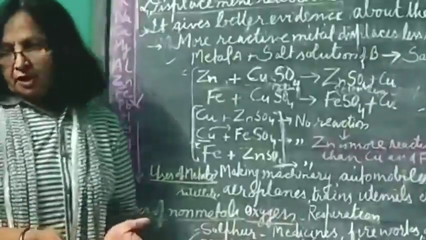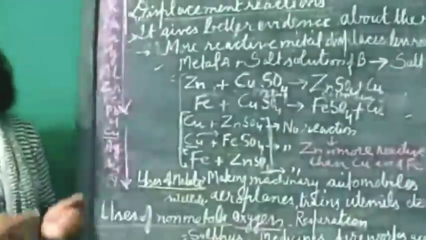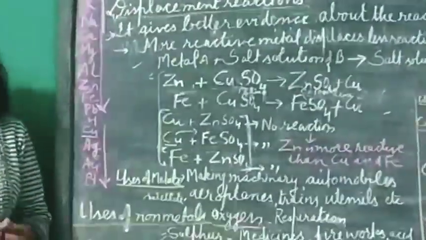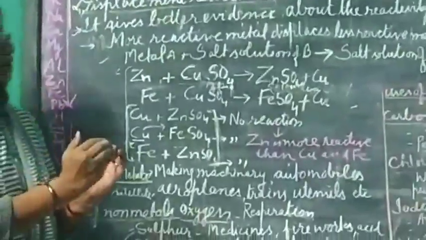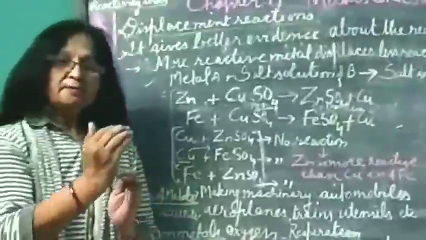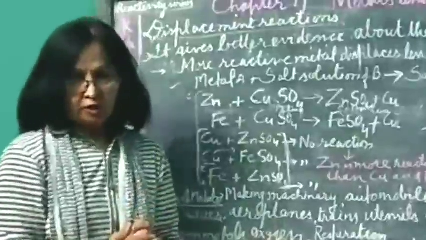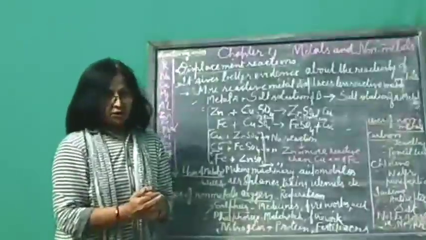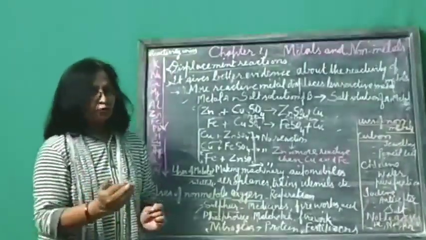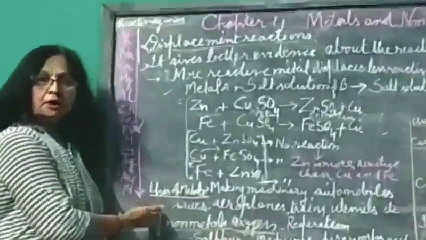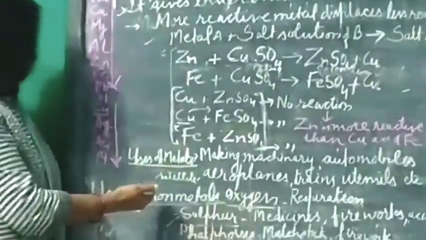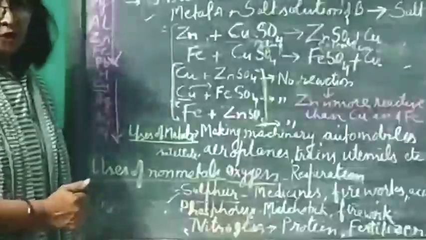So we can say displacement reactions are the reactions in which a more reactive metal displaces a less reactive metal. I think you understood. Now I am going to start a new topic, uses of metals and non-metals.